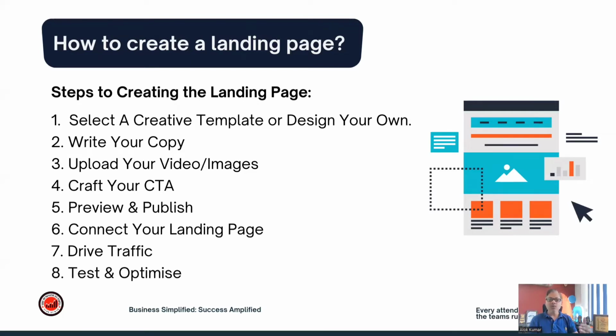Then, to get more traction, you have to upload a customized image or video, and you have to create your CTA, the call to action. This call to action has to be very intriguing as well as very personalized, I would say, correct? Then once you do all this, you have to preview to see what you have done. You have to save the content you have created, and then publish. Unless and until you publish it, the link is not going to be live, right?